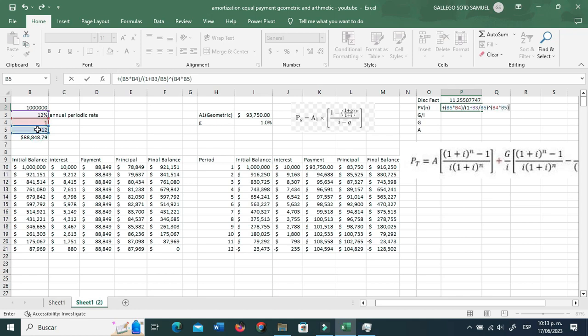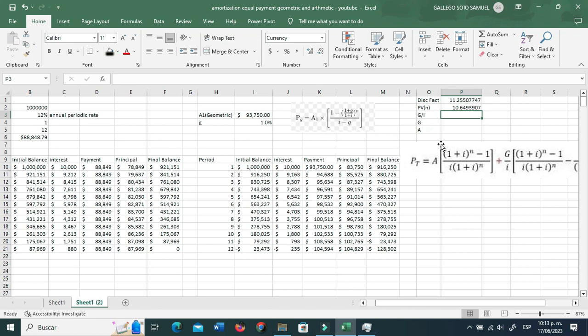All right. Now, let's say that G over i, that's 1 divided by the rate divided by 12, periodicity.